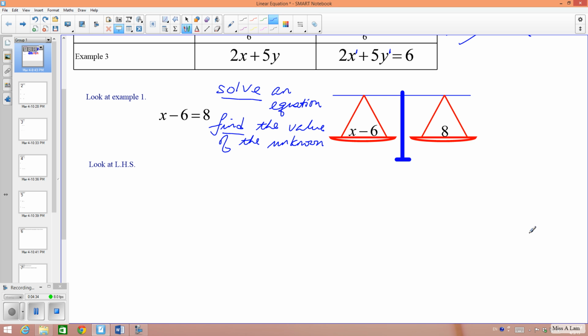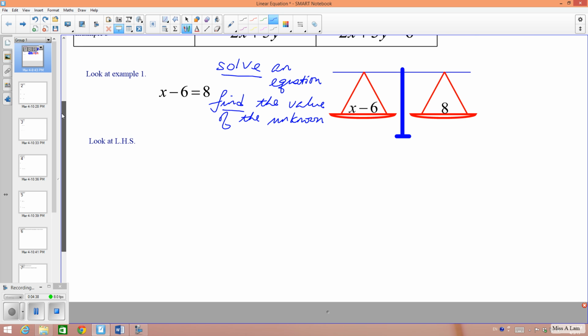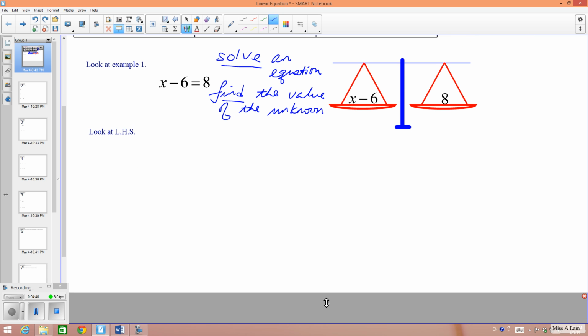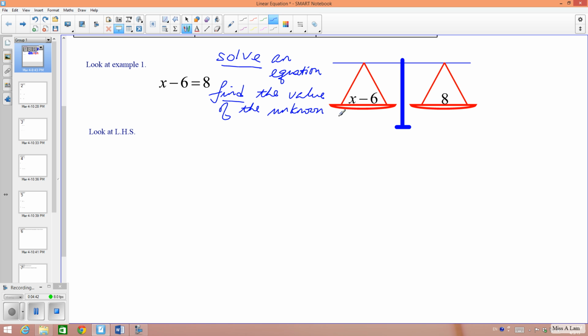Now, usually for an equation, we can represent it as a picture like that. It's just like a balance. They are equal, just like a balance, where the weights of these two sides are equal.